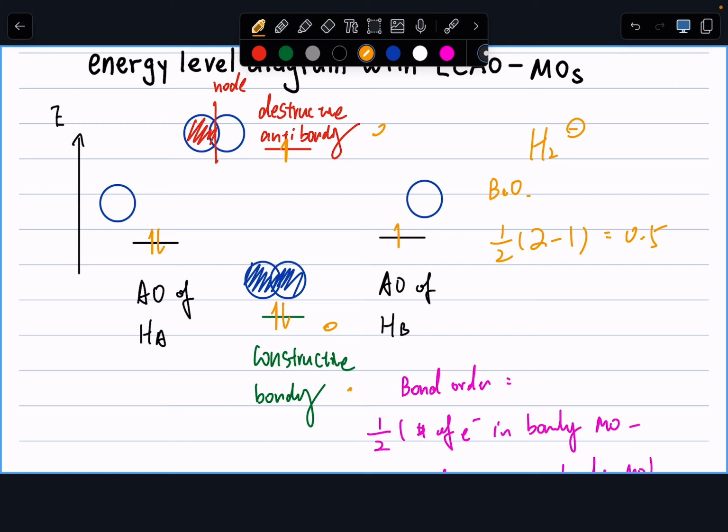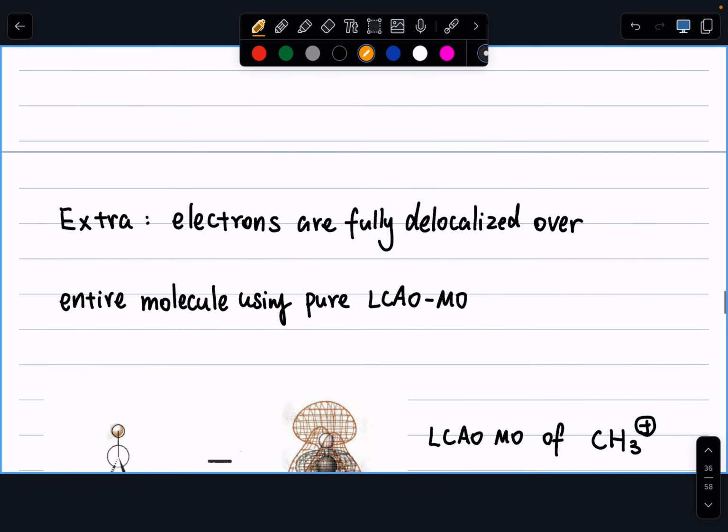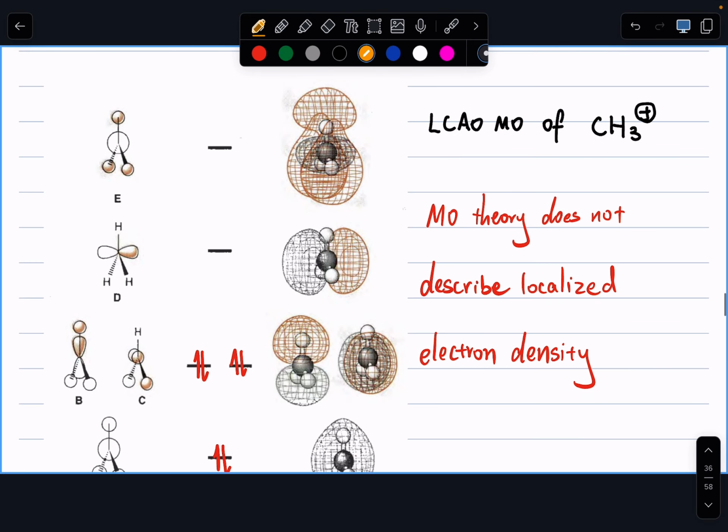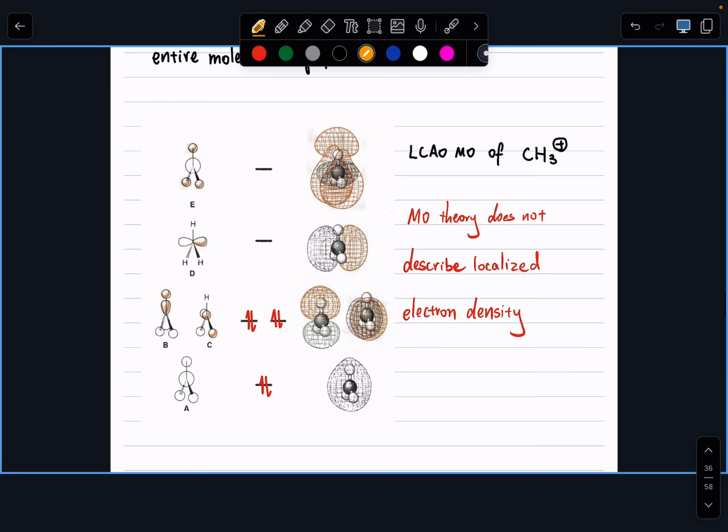And reality is always more complicated than H2, right? So I just want to show some of the more modern LCAO-MO theories. It's when you have something as simple as CH3 plus. Now, the limitation of the LCAO-MO theory is that these molecular orbitals are always delocalized.